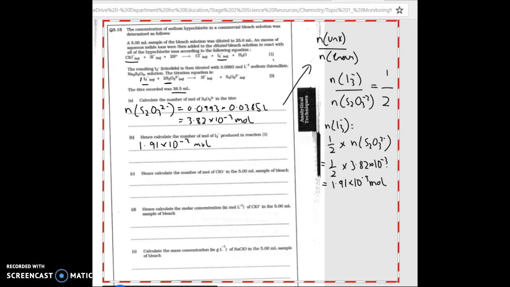So we've got from the second equation how many moles of I3 we've got. Going back to the first equation, we've got 1.91 times 10 to the minus 3 moles of I3.